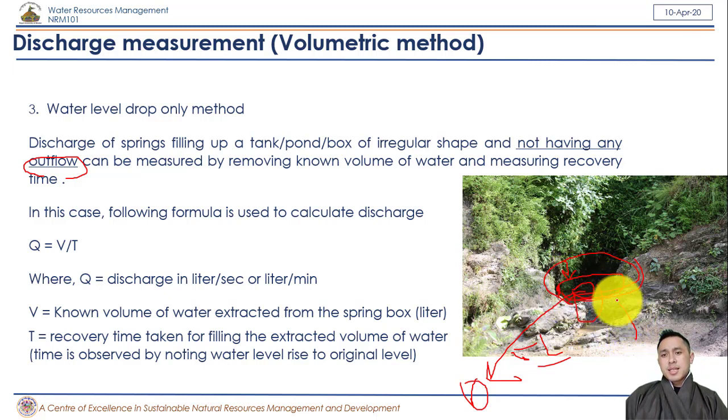Now try to connect the stream or spring or the river to this one, and try to note the initial and the final reading. So this was the initial reading of the water level before taking out a bucket full of water.